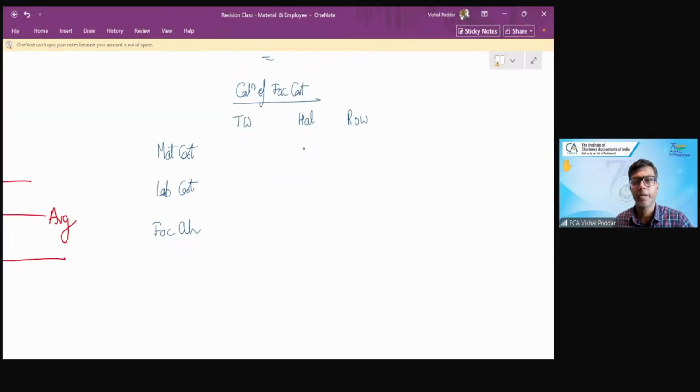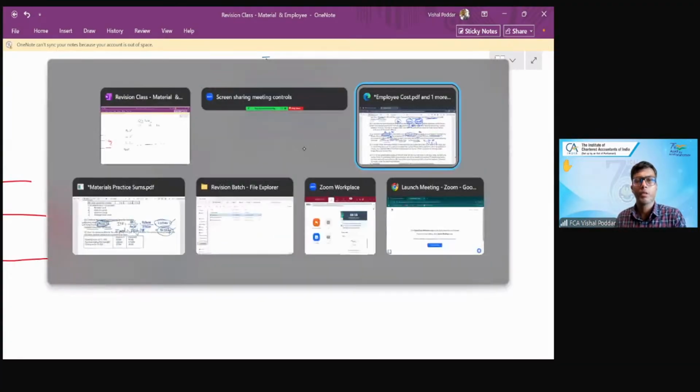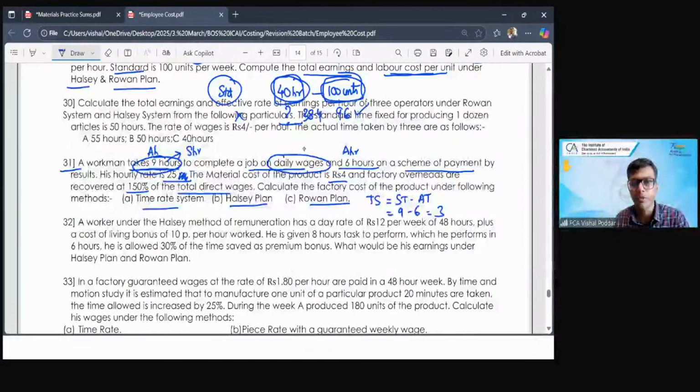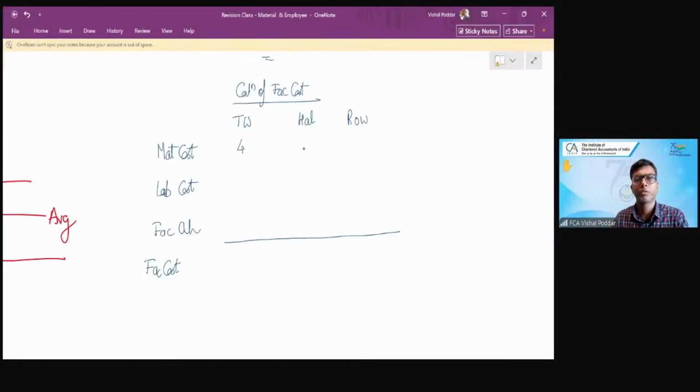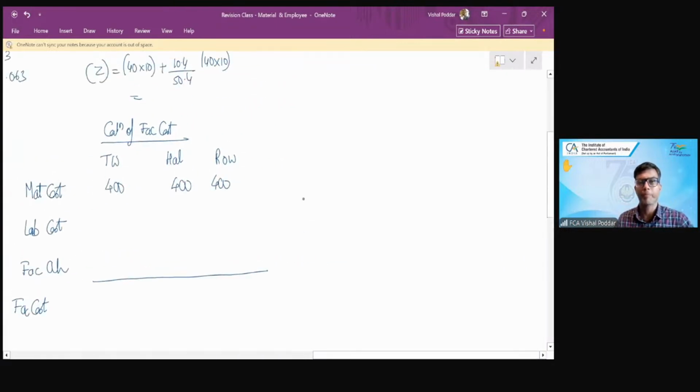So a slight cost sheet is also involved in this. This will give me my factory cost. Again, I'm modifying the question slightly: 4 rupees, please read it as 400. So this is 400 material cost. Labor cost I will have to calculate.